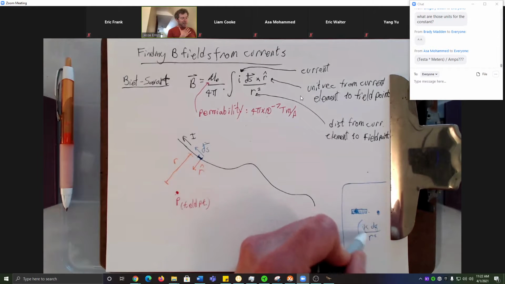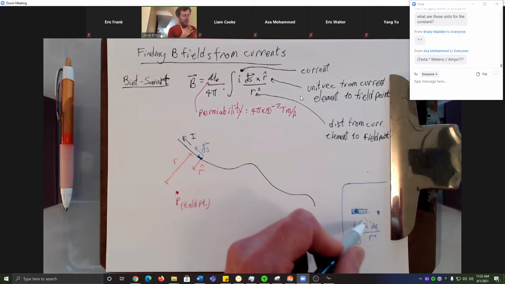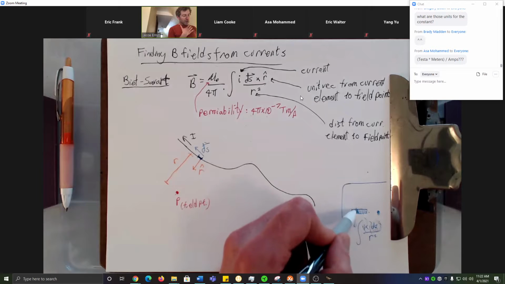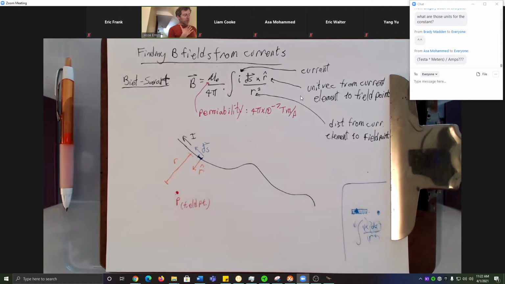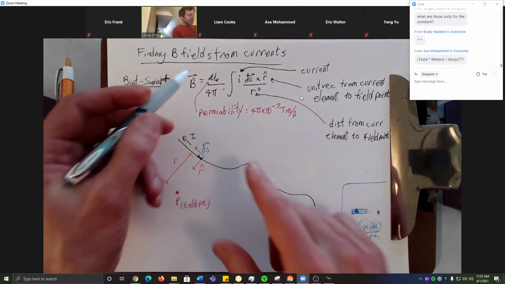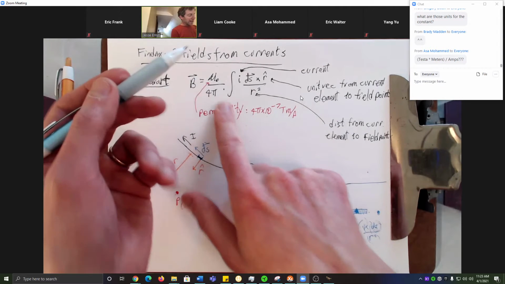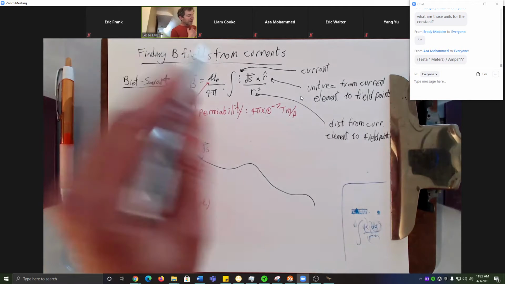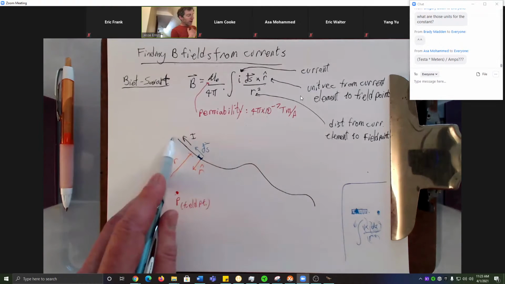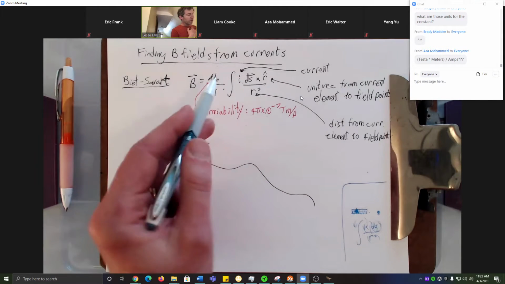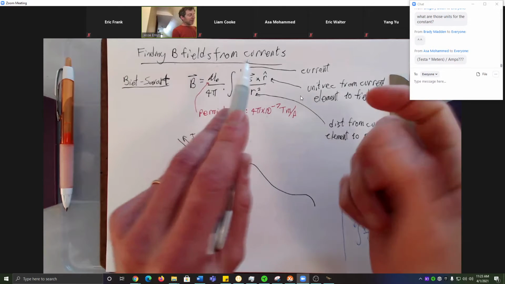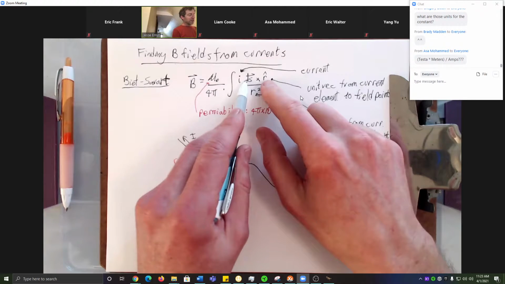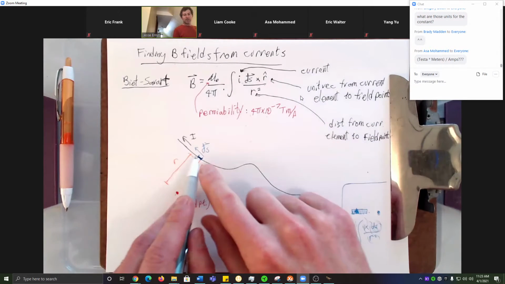And it's a constant, which you could pull out, and the charge on this element, and it goes as 1 over r squared. This is basically the same thing. It's a constant, the current, and the current's the same everywhere in the wire, and it goes as 1 over r squared. The only subtle difference is now you have to worry about the direction by using a cross product, right?